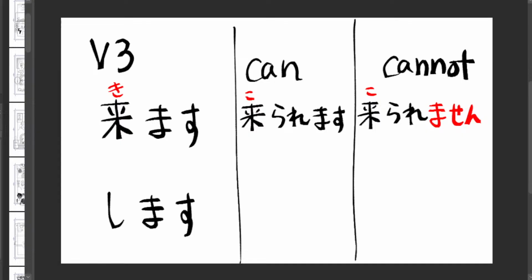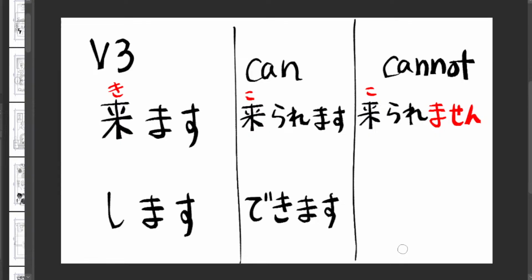And then for shimas, which means do, it changes. When you say you can do something, it becomes dekimasu, which means this verb itself means you can do something. So shimasu means to do.